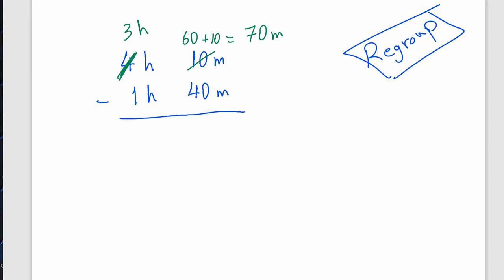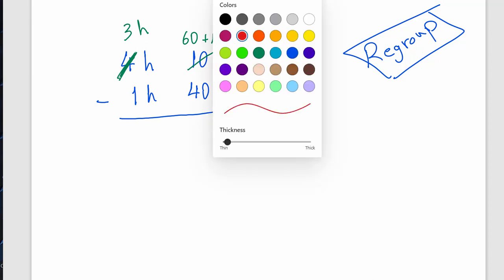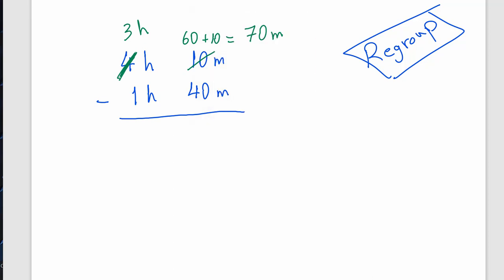Back to Muhammad. Okay, now it's 70 minutes, and of course 3 hours and 70 minutes minus 1 hour and 40 minutes. Muhammad, I said stay with us. Muhammad, use your mic.